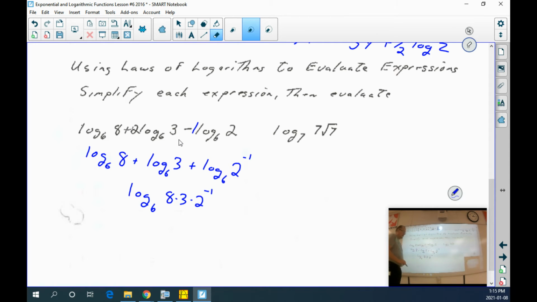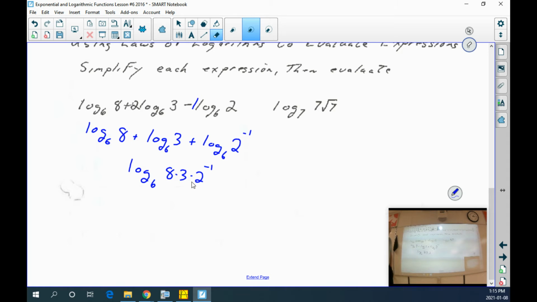So we end up with log base 6 of 24 divided by 2. And we cannot evaluate that. Oops, nope, never mind. I lost a square, shook it up, and then forgot to put it up there. Sorry. Okay. So now we have 8 times 9 is 72. Divided by 2, we have 36. The power of 6 that gets me to 36 is 2.